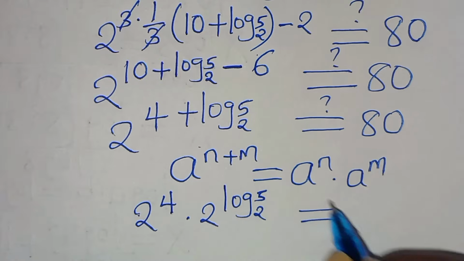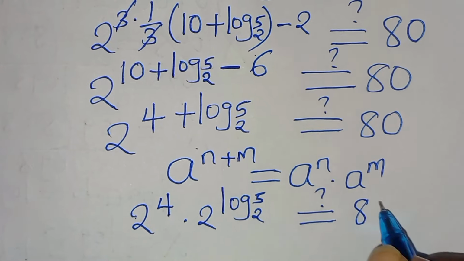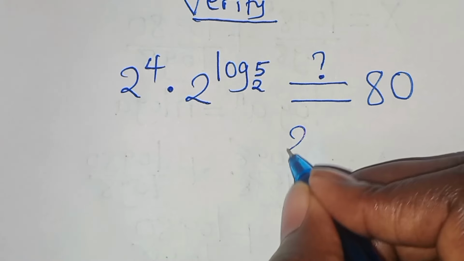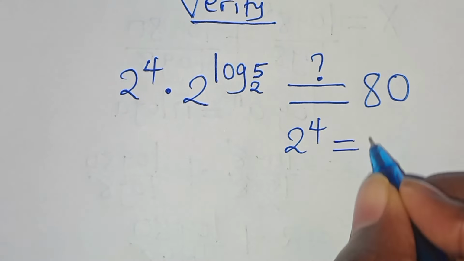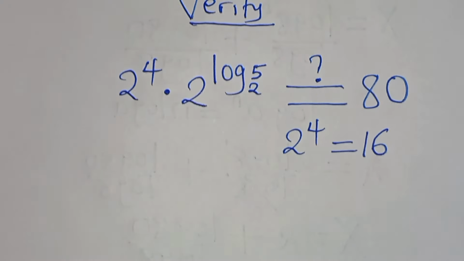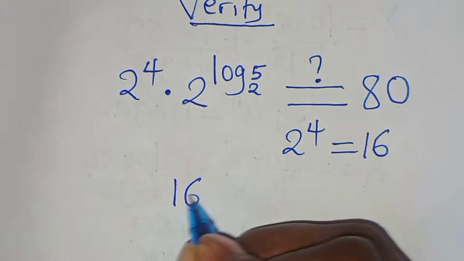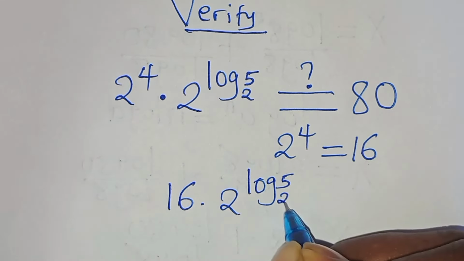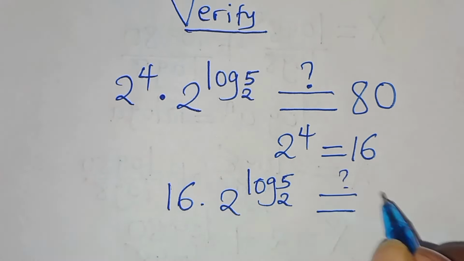This is supposed to give us a value of 80. Now 2 to the power of 4 here is equal to 16. So we have 16 multiplied by 2 to the power of log 5 to base 2. This is supposed to give us a value of 80.